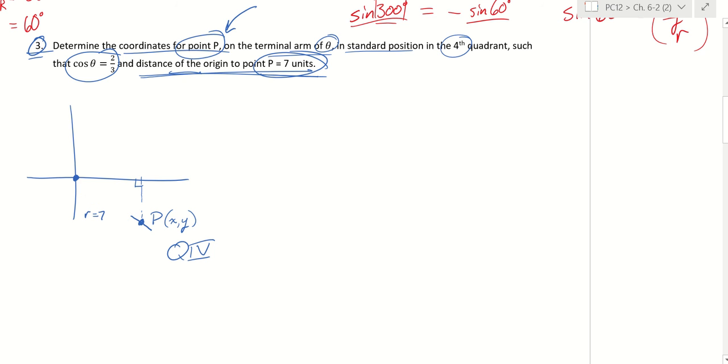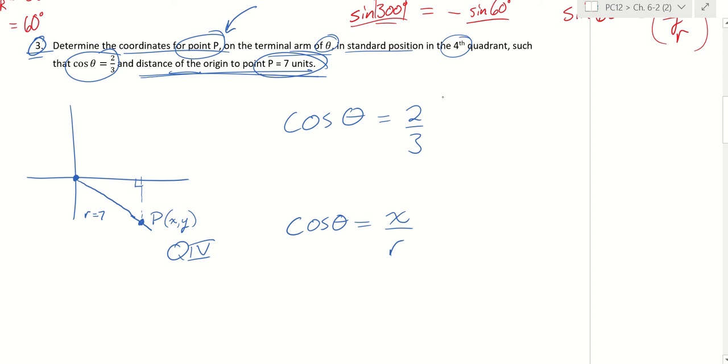And there we go. So, what else can we do? Well, we can simply write cosine of theta is equal to 2/3, and we know that cosine of theta is also equal to x over r.